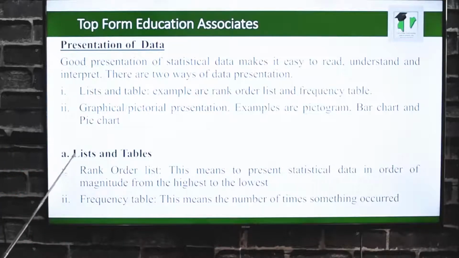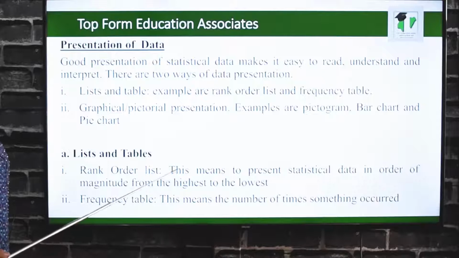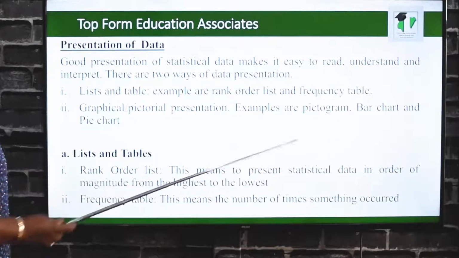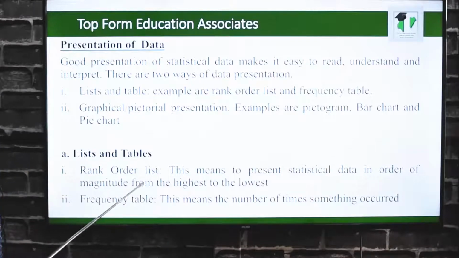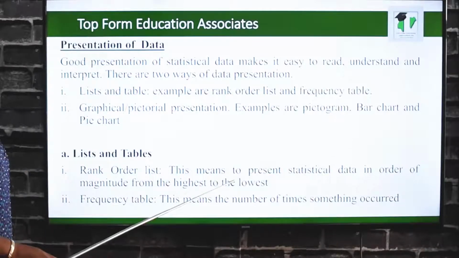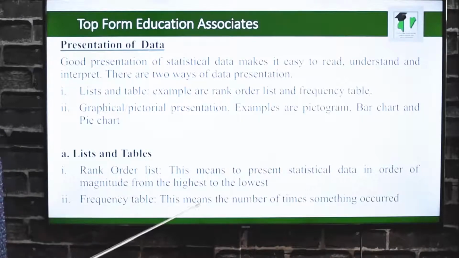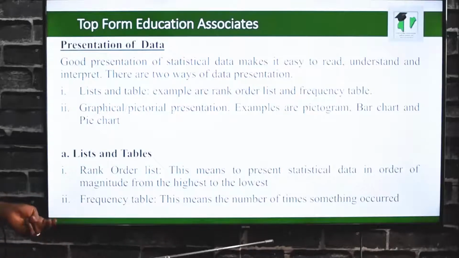So the first one, lists and tables. One, rank order list. Rank order list means to present statistical data in order of magnitude from the highest to the lowest. An order of magnitude is ascending order or descending order.